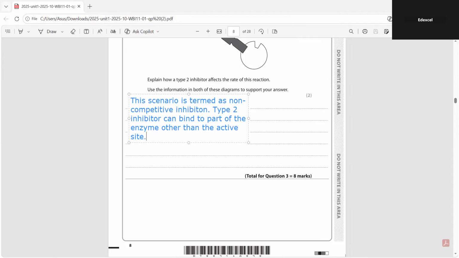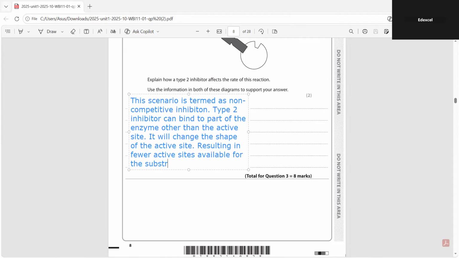So by binding to the other part of the enzyme other than the active site, what will happen? It will change the shape of the active site, resulting in fewer active sites available for the substrate to bind. Thus, reduces the rate of reaction.